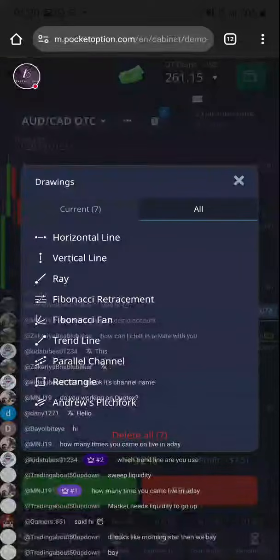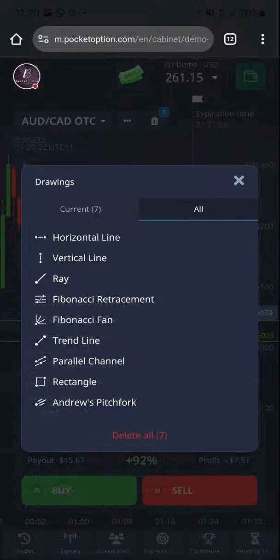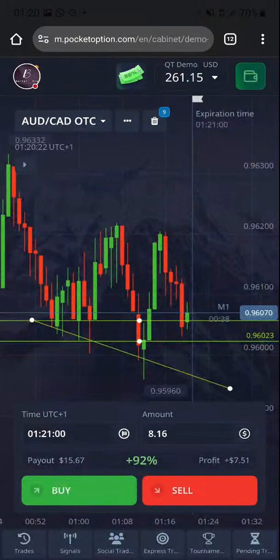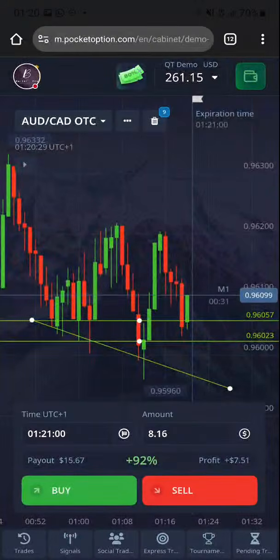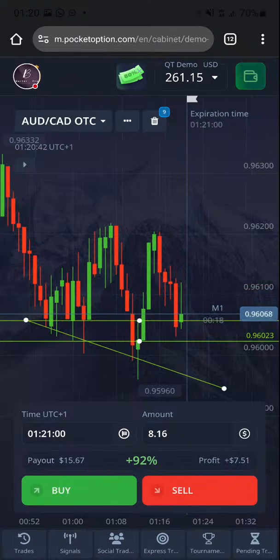Okay, it looks like Morningstar. Then we buy. Yes, we have a Morningstar pattern there. No, if you have a Morningstar pattern, you should be expecting a red candle after it, not a buy, not the bias candle actually.